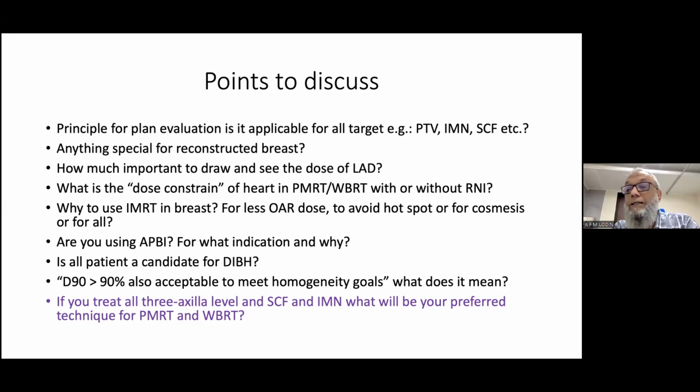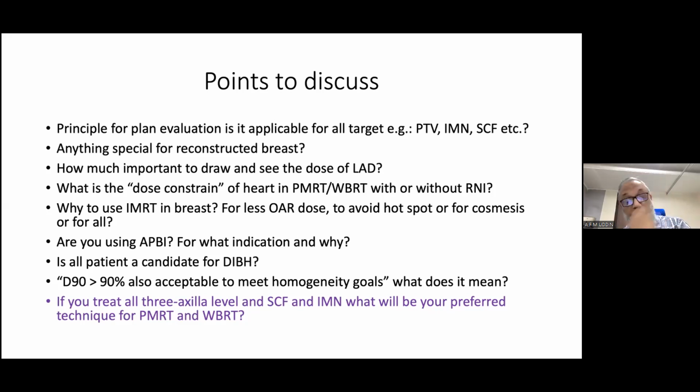And when the RNI, the IM node, came into the field, then all the issues of inverse planning came. Before that, if somebody said that they did inverse planning, they were challenged by many people: how come you do inverse planning in breast cancer? But this IM node and targeted RNI has changed the whole world. Now people are even using VMAT.